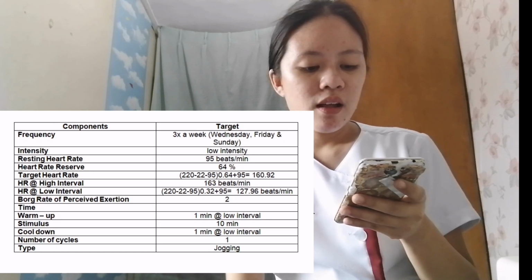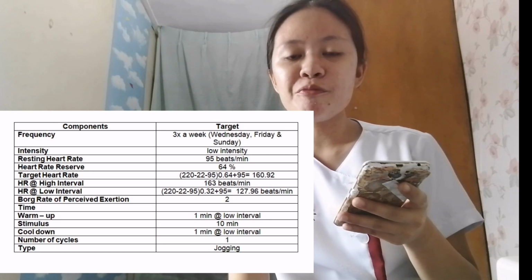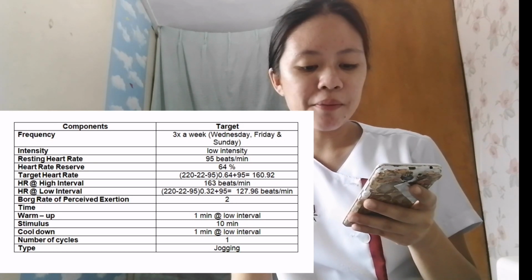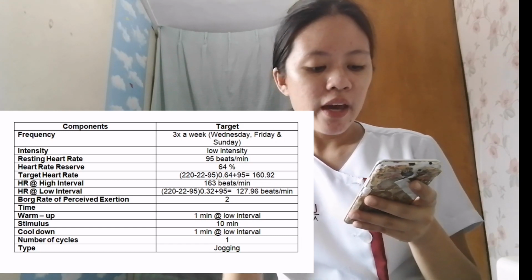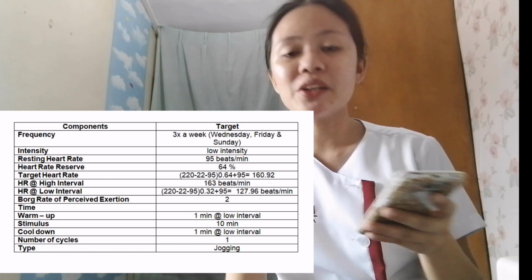For the time, the warm-up of my patient is 1 minute at low interval. I decided to have a warm-up and also a cool-down of 1 minute at low interval.